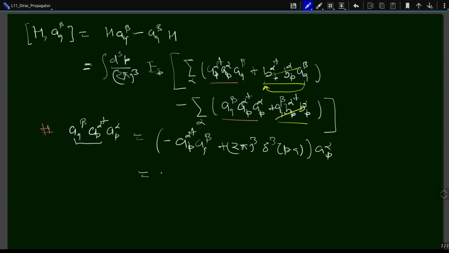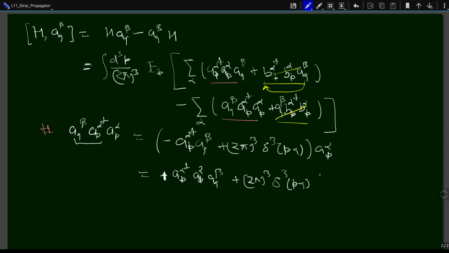The first term is minus a_p^alpha dagger a_p^alpha, sorry, this becomes plus, and a_q^beta, and the second term is 2 pi cubed delta3 of p minus q, and a_p^beta is to the right. Let me write it as it is.